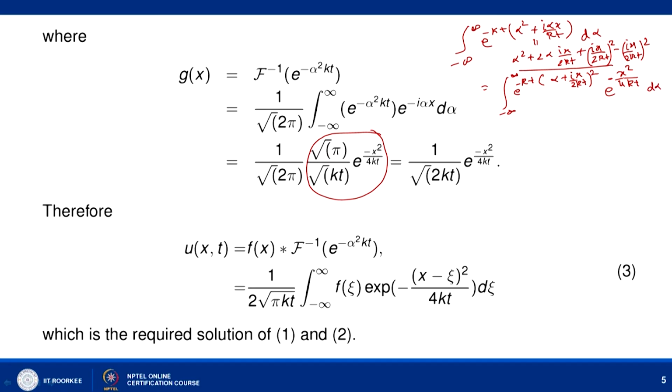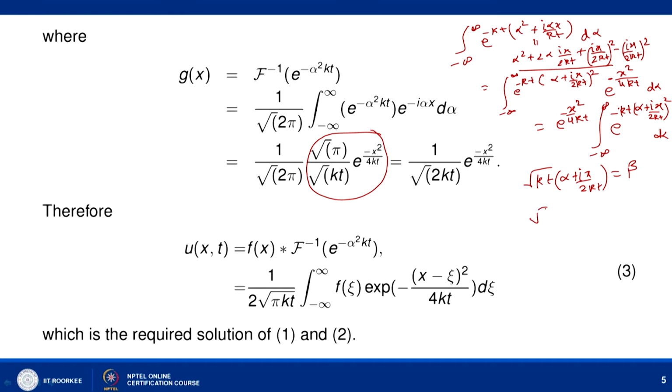Now, since this integration is with respect to dα, I can write this as e to the power minus x² upon 4 k t into the integral from minus infinity to infinity of e to the power minus k t (α plus i x upon 2 k t) whole square dα. So, let us make this quantity, root k t times (α plus i x upon 2 k t), as some β.